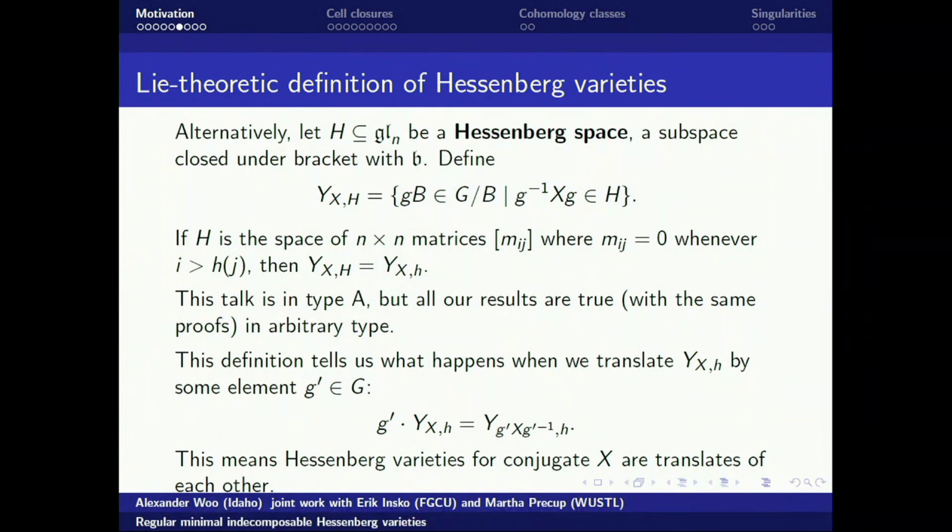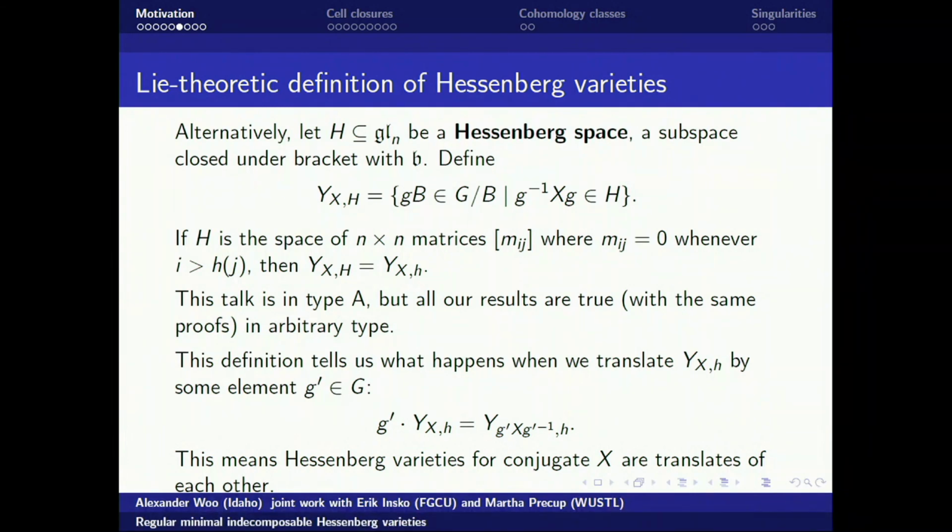And then I look at all the group elements that when you hit this X, which is also an element of the Lie algebra, it's an n by n matrix. You can think of it as the element of the Lie algebra for GLN.